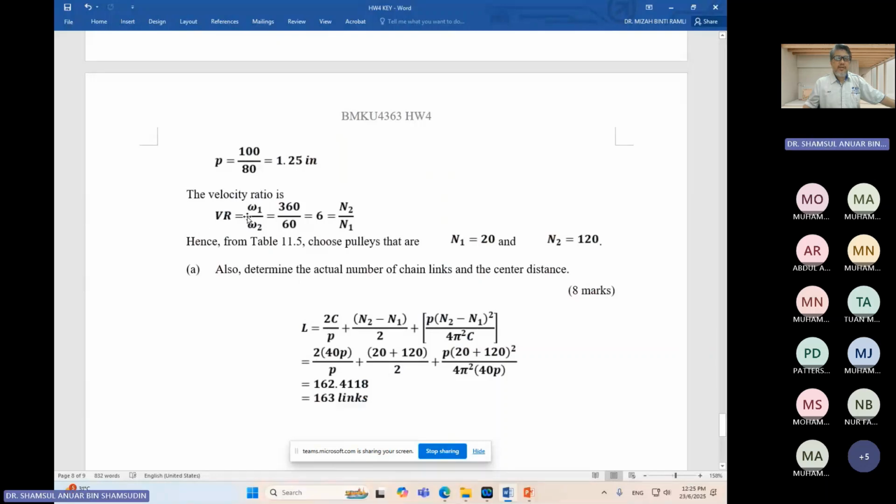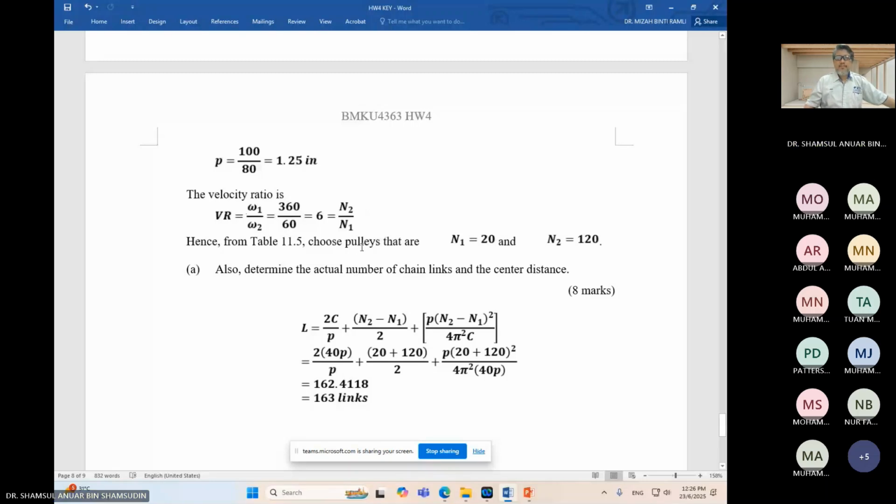So for the VR, you take the faster over the slower. So 360 over 60, so you have a VR of 6. So you have to find the combination of sprocket teeth, N1 and N2, that will give you 6.